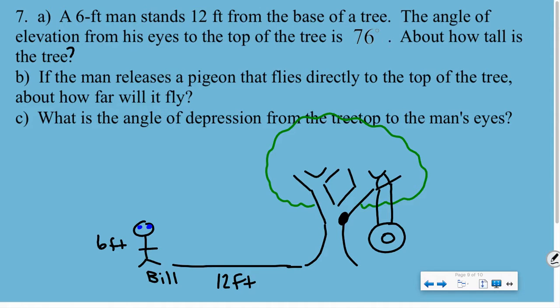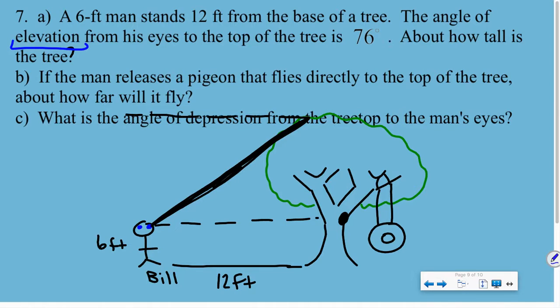From Bill's eyes, he looks up at the top of the tree at a 76-degree angle of elevation. So, here's the line of sight between the top of the tree and Bill's eyes. From your line of sight, remember you have 2 horizontal lines. Angle of elevation: above or below a horizontal?